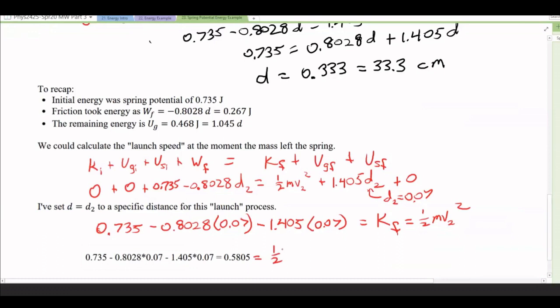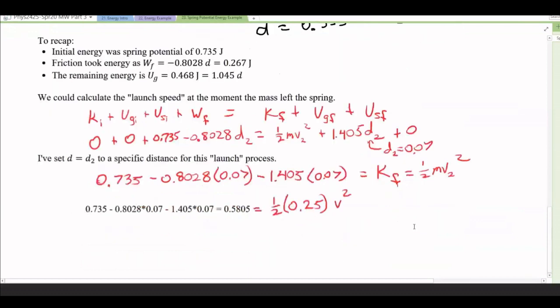That is 1/2 times our mass times v squared. So then if we multiply both sides by 2 times 0.5805 divided by 0.25, that would be v squared, but I want plain v, so I'll just take the square root of it.